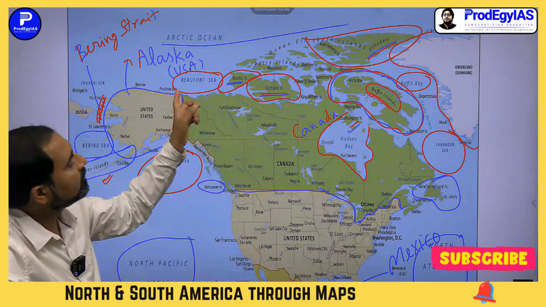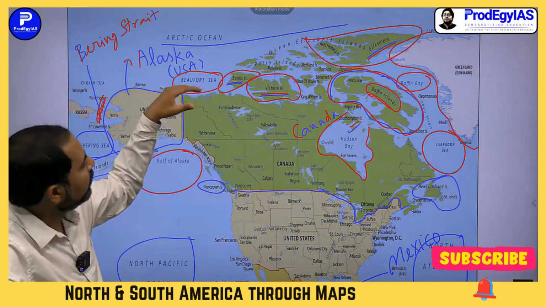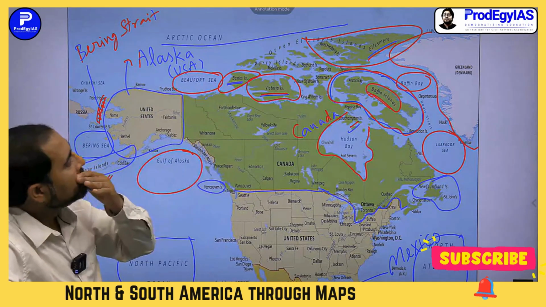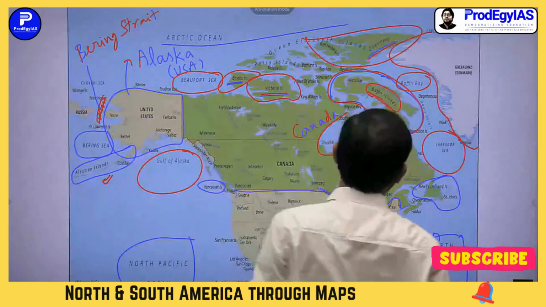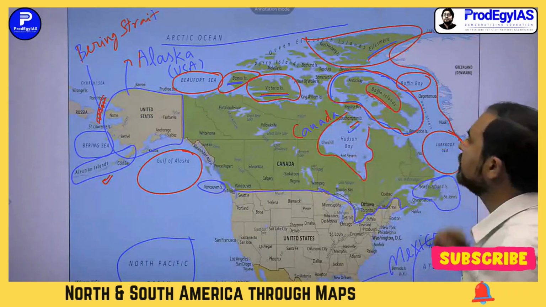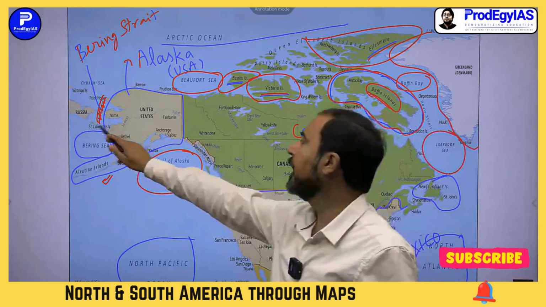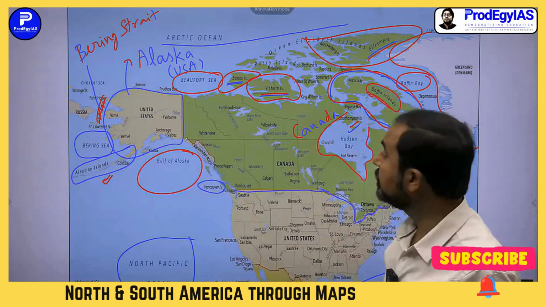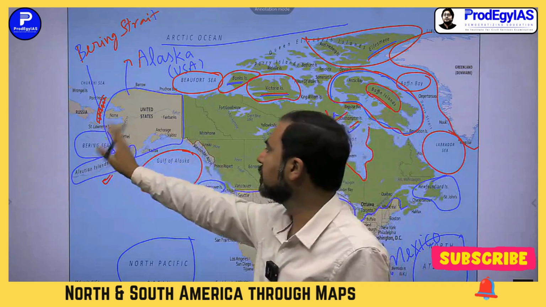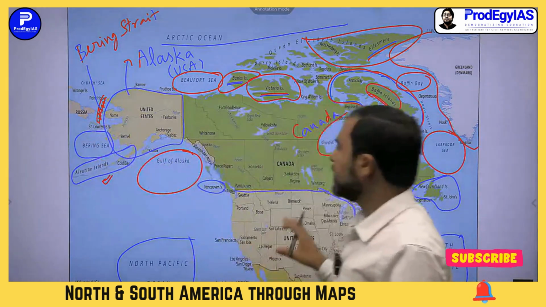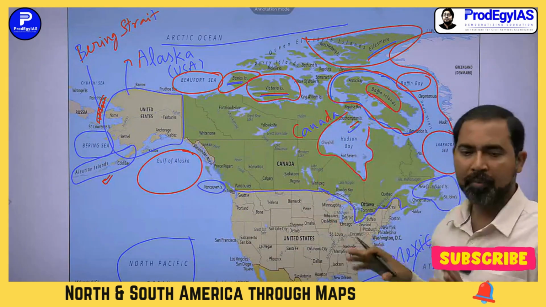Important seas north of Canada: Beaufort Sea, here Labrador Sea, here Bering Sea. This is part of USA. Means there are important features that you have to locate on the map.